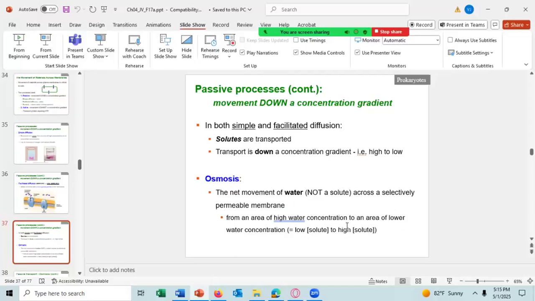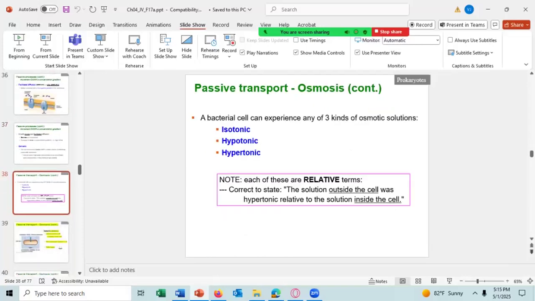Any question about any of that? So a bacterial cell can experience any of three kinds of osmotic solutions. These are called tonicity. There's an isotonic solution, a hypotonic solution, and a hypertonic solution.